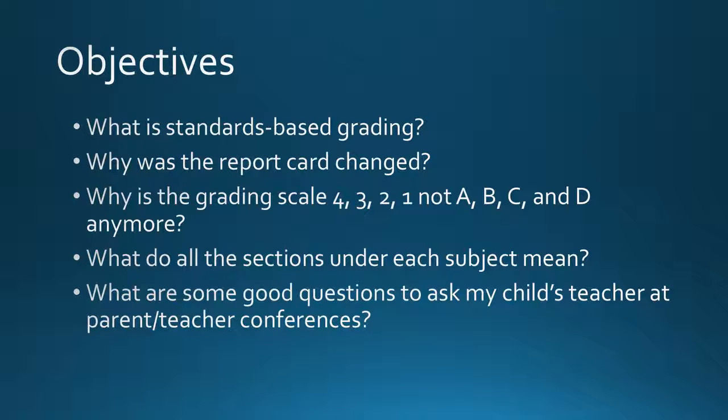We'll be talking about the differences between a 4, 3, 2, and 1 grading scale versus an A, B, C, D grading scale. And our district content facilitators will be sharing with you what the subheadings mean for each content area. And finally, we'll end with some good questions that you could ask your child's teacher at parent-teacher conferences.